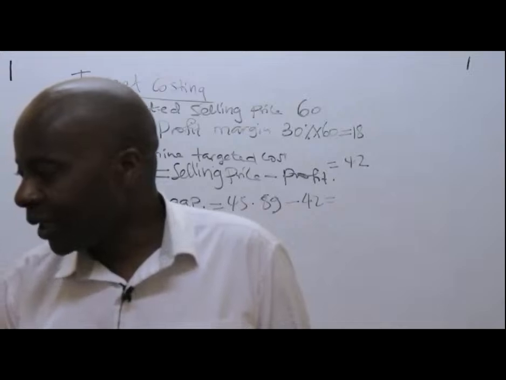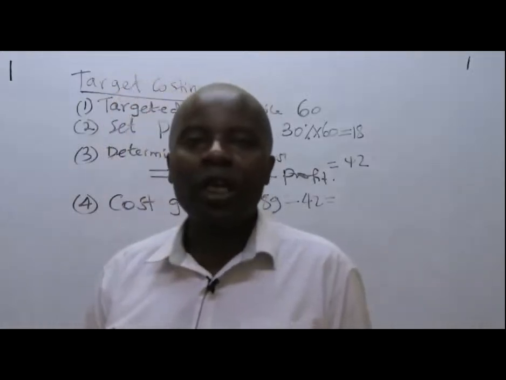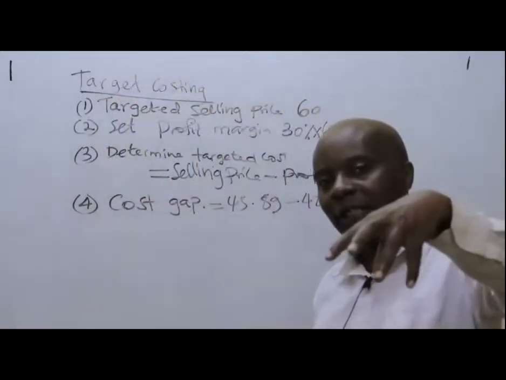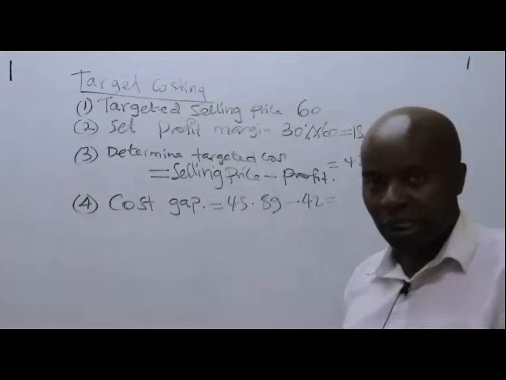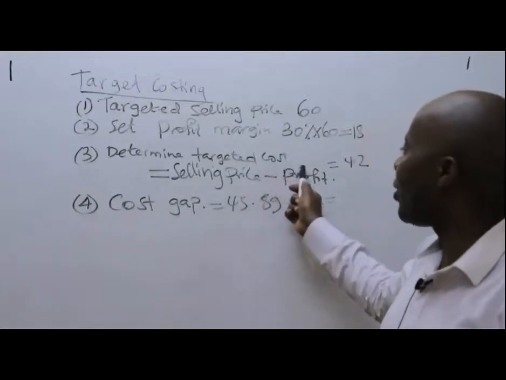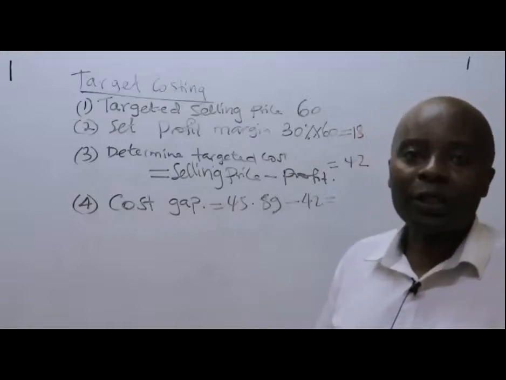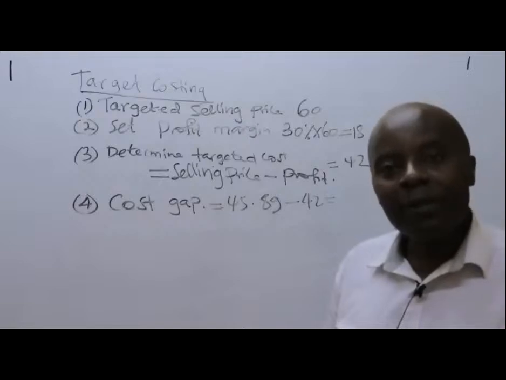So ladies and gentlemen, how do we get the gap? To get the cost gap, you take the manufacturing cost, all of those costs associated with producing the product, minus the targeted cost. And then of course, you'll be able to get the cost gap. Cost gap is not a nice thing.